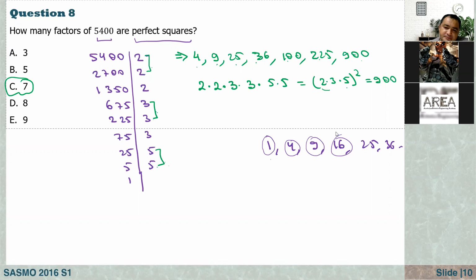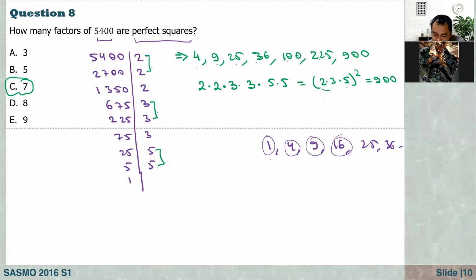Can you see the first number? Just a minute. I'm trying to.